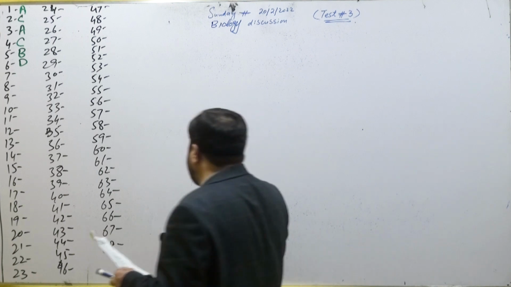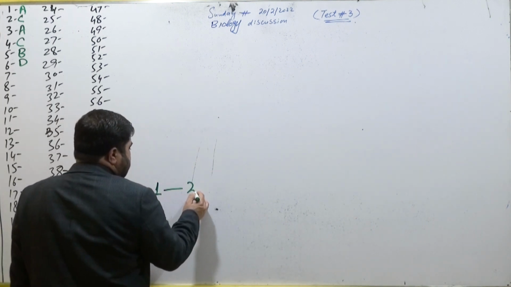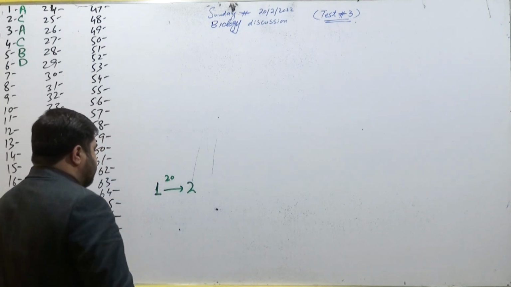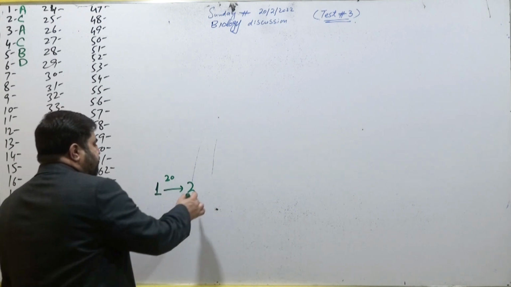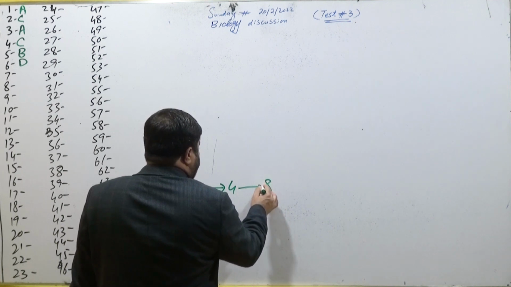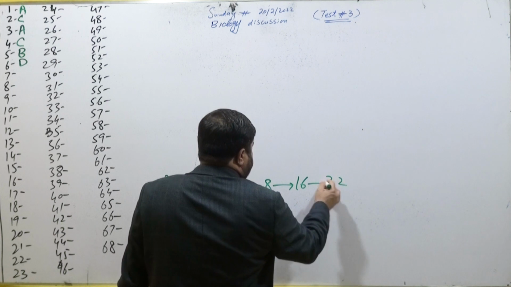Let's suppose we have a single bacterium. It divides into 2 within 20 minutes. Now they are asking what will be the total number after 120 minutes? It's simple. 2 converts into 4, 4 into 8, 8 into 16, and 16 into 32.